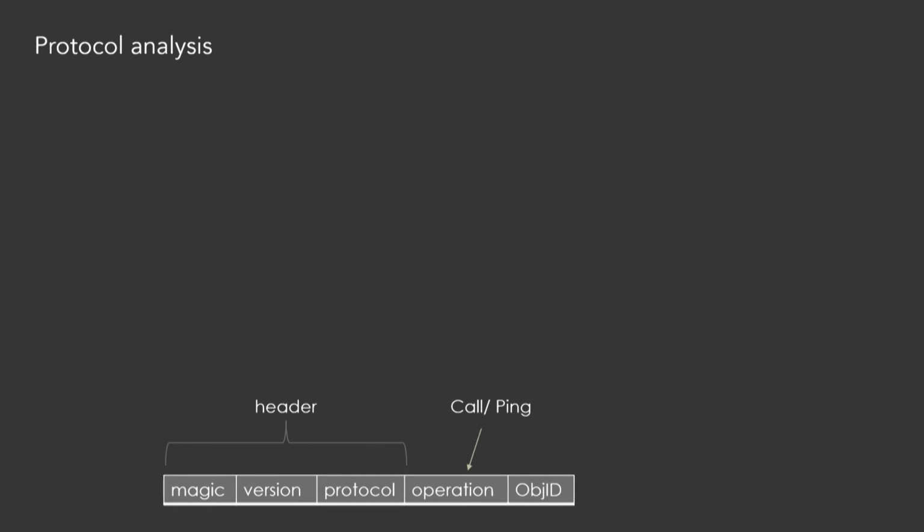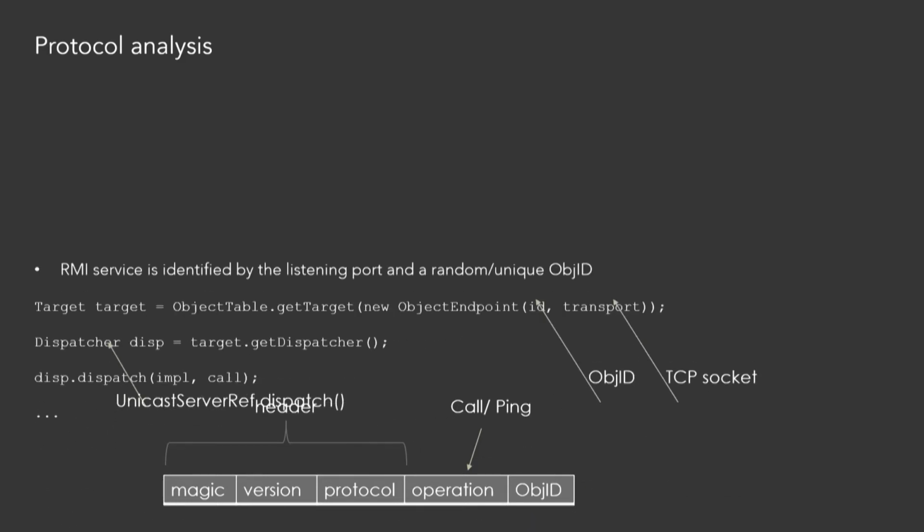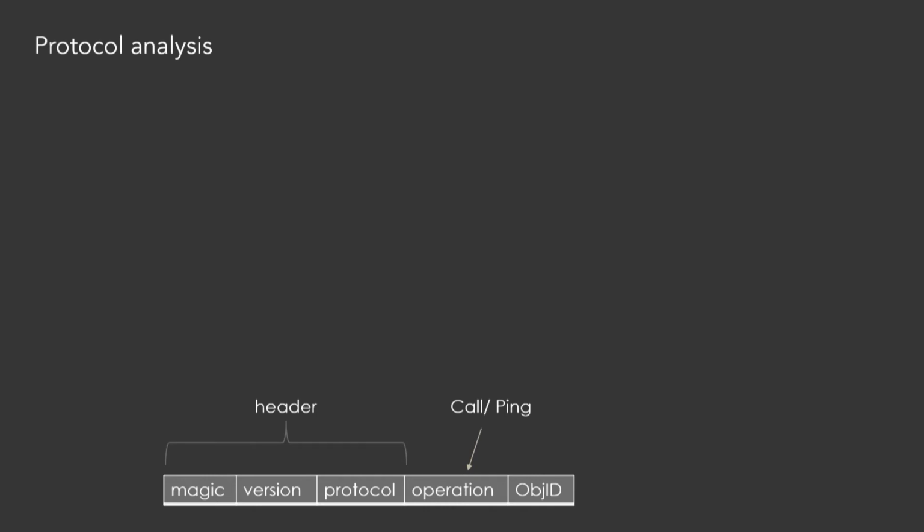So this is the beginning of an RMI packet. It has the header, which is the magic, the version, the protocol. And there's the operation. The operation can be call or ping. So if we want to invoke a method, we use the operation call. But when we want to just know its existence, we just invoke the operation ping.